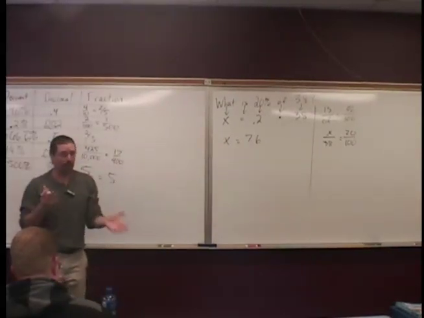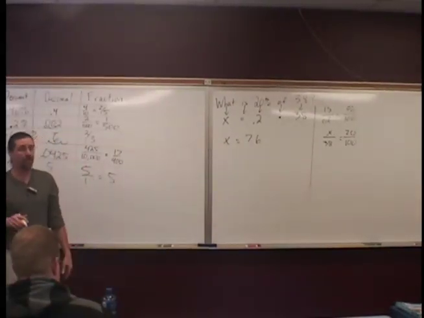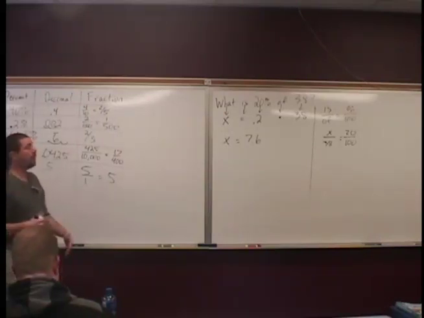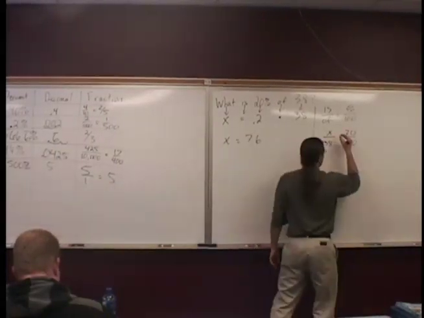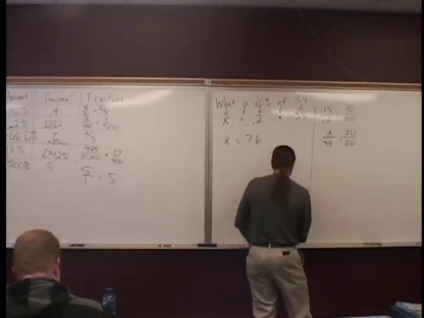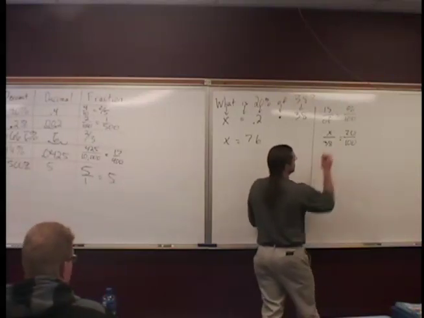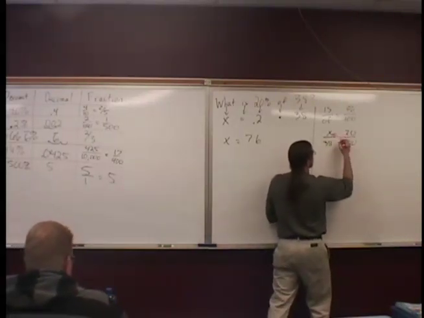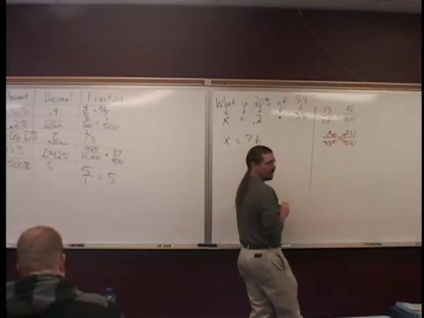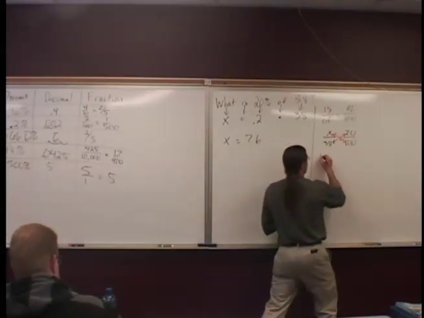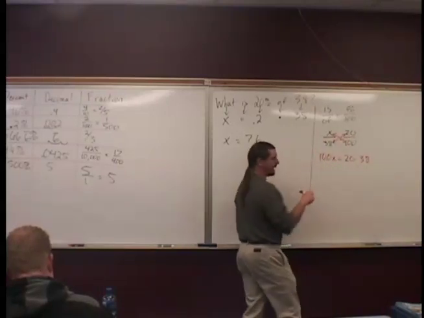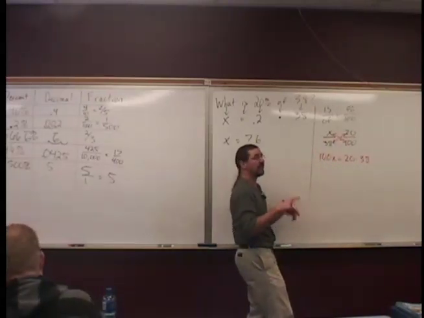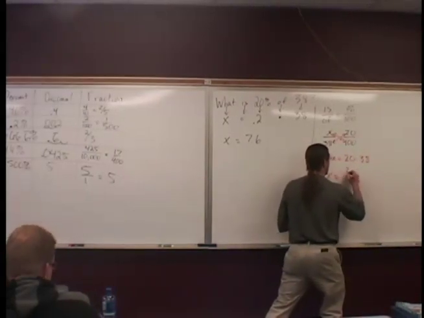And then when you have a ratio, a fraction equals a fraction, what do you do? Cross multiply and solve. Cross multiply: 100x equals 20 times 38, and then how do you get x by itself? Divide by the 100.